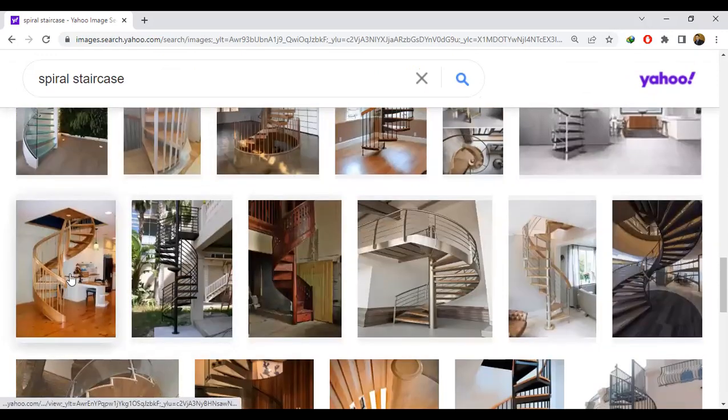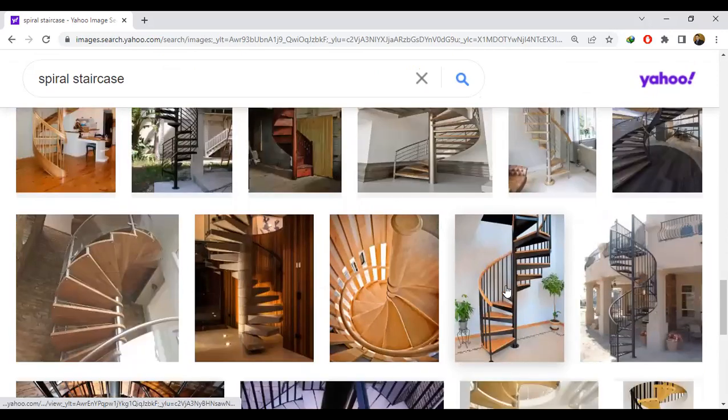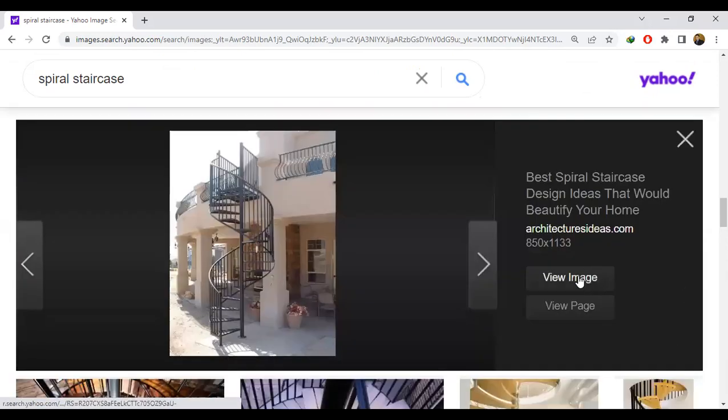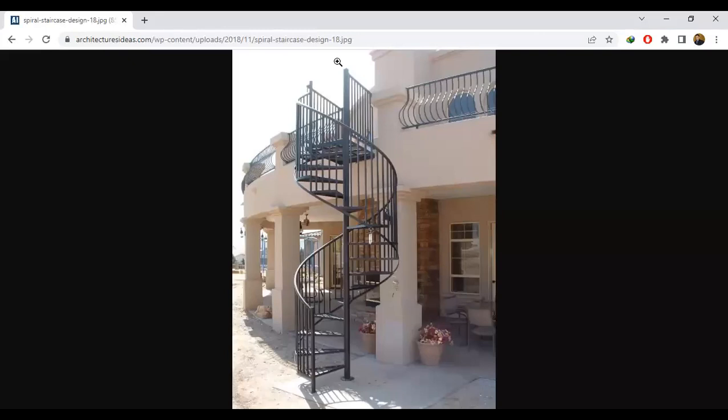So if you take a spiral staircase, imagine here there is a central axis, and it is moving around that central axis.